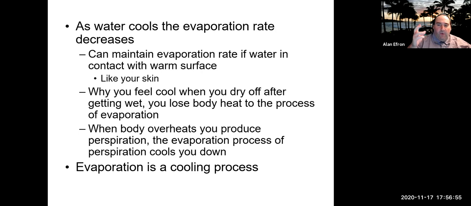And where does that water on your hand get all that energy from? It's going to get it from your actual hand. So your hand feels cold when you have water on you, because you have an increased rate of evaporation. That again is why we sweat, right, to cool ourselves down. As we sweat, we are increasing the evaporation rate and cooling ourselves down.